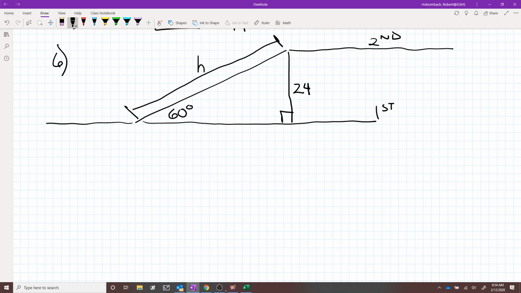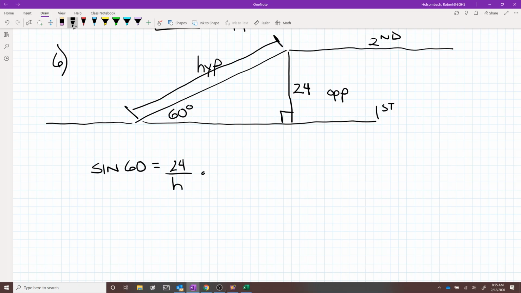In this case, we are dealing with opposite and hypotenuse. Opposite and hypotenuse is sine. So sine 60 equals the opposite side, which is 24, over the hypotenuse.